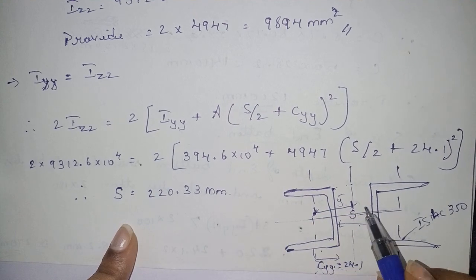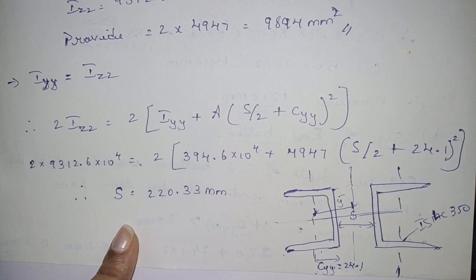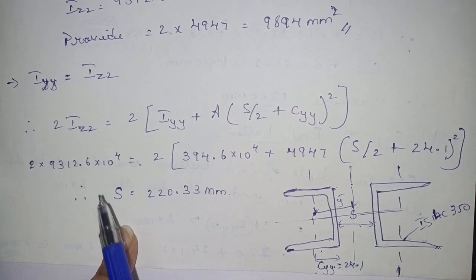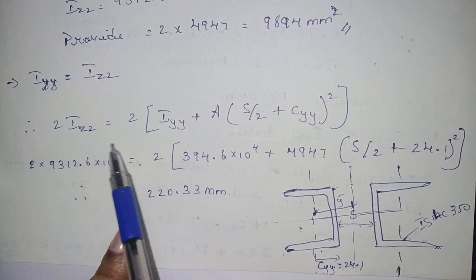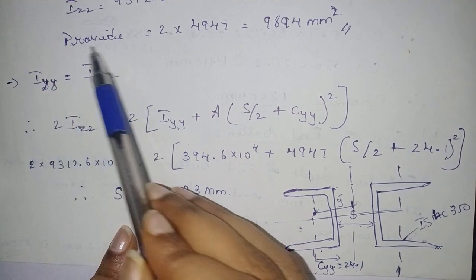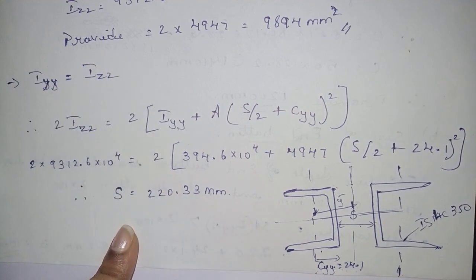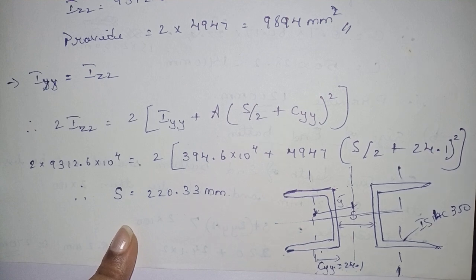So this is what y bar is. Now we'll calculate it. So 2 into this will give you Iyy. Got it? This will give you Ixx. We are equating these two because rxx and ryy should be equal, or ryy should be greater than rxx. So that is the main theme of designing the battens or lacing both.